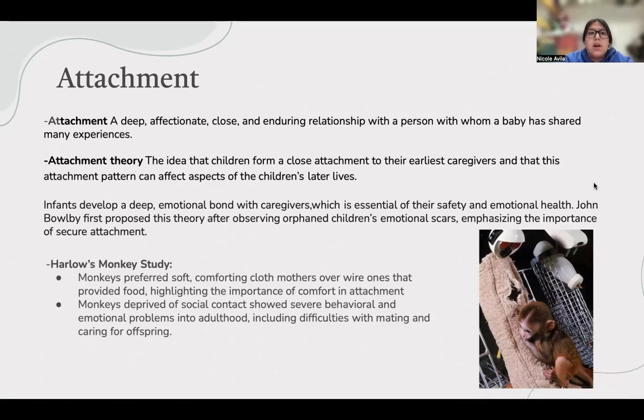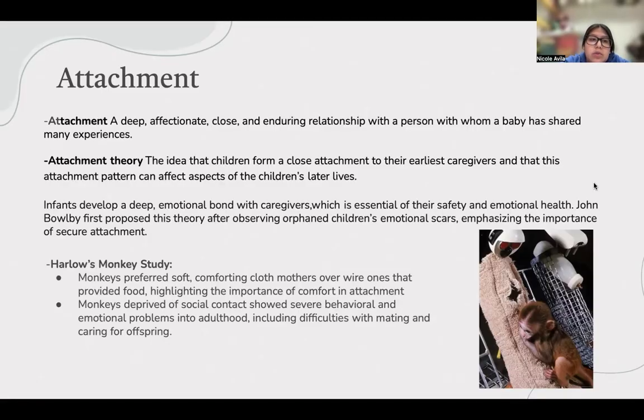John Bowlby's attachment theory proposed that infants form a biological and emotional bond with their primary caregivers for survival and development.